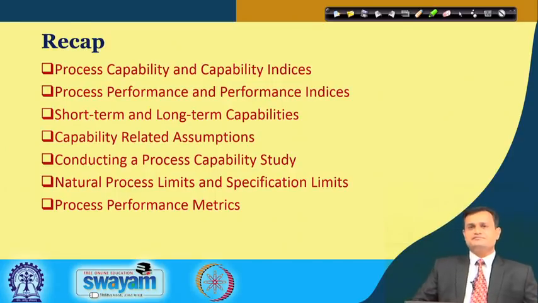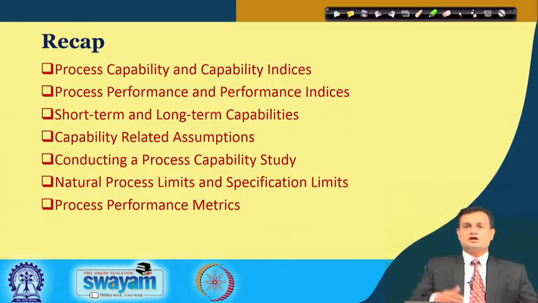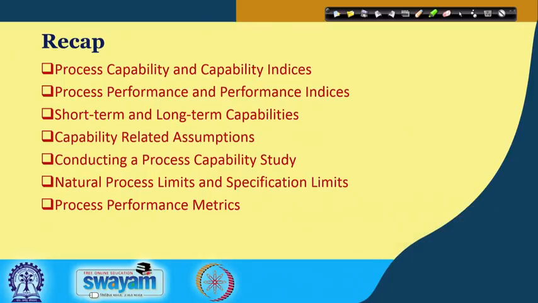If you see the brief, we talked about short term process capability, long term process capability, process capability indices, process capability concepts, and process performance. We also saw that DPMO, DPU and other defect related measures, the specific Six Sigma measures, are different from process capability measures or indices.